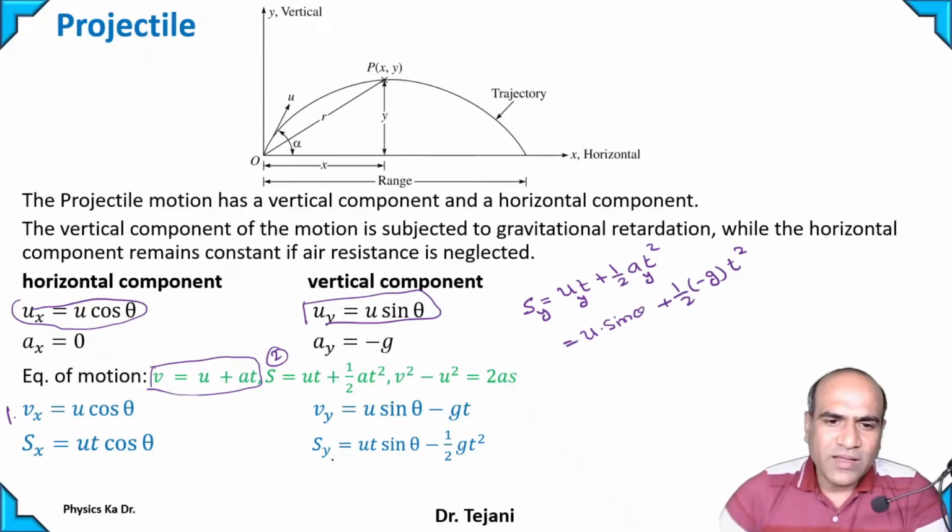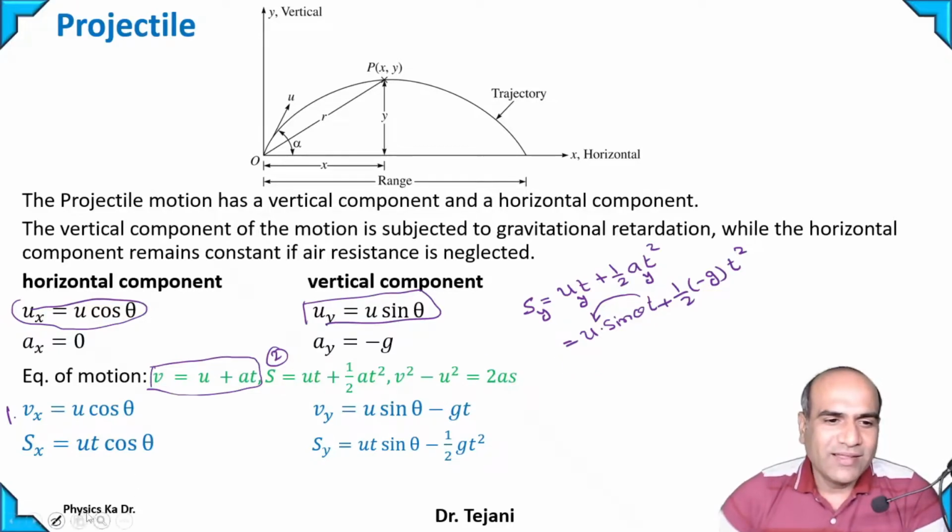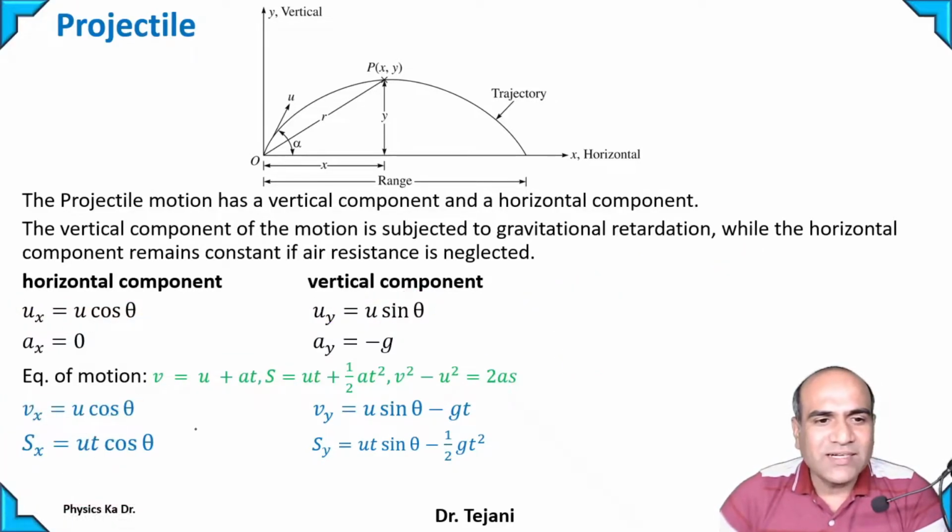So we have Sy = ut sin theta minus 1/2 gt square. This is used when a distance is asked. And the earlier one is used when a velocity is asked.